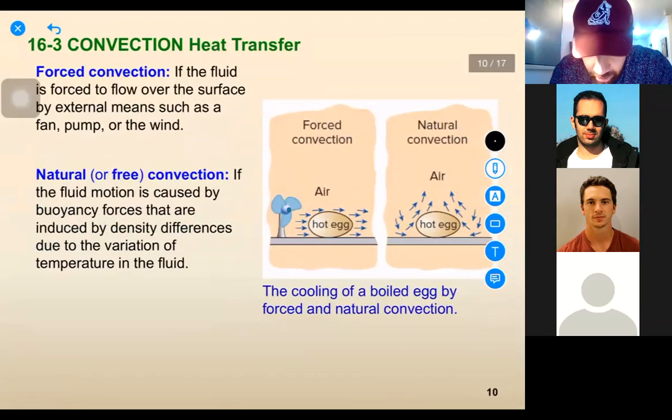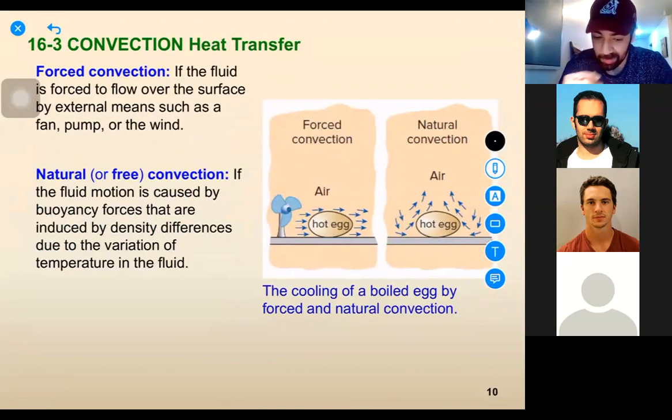So this was convection, and the rate of convection is dependent on how we are absorbing heat from the surface we are talking about.